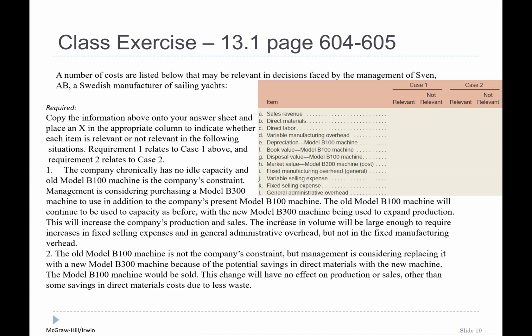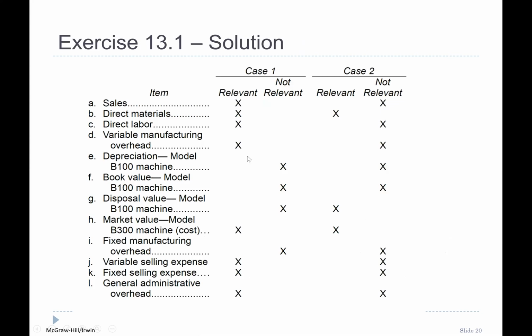Okay, good. So here is the solution. The sales are relevant in case 1, but in case 2, it is not relevant. Right, guys? Please compare the answers. The direct material is relevant in both cases. Direct labor is relevant in case 1, but it is not relevant in case 2.